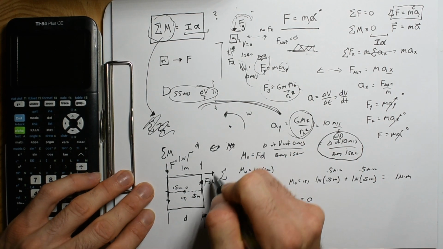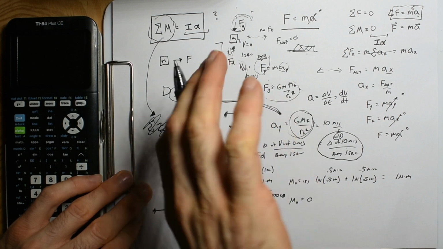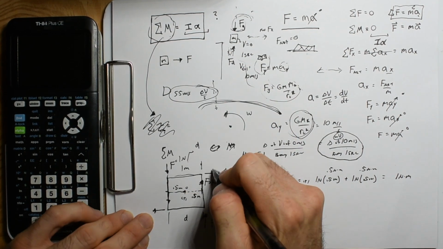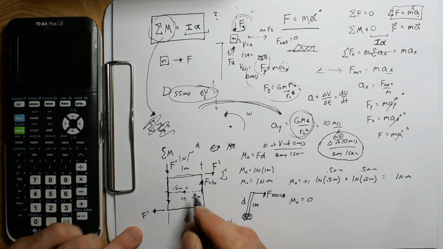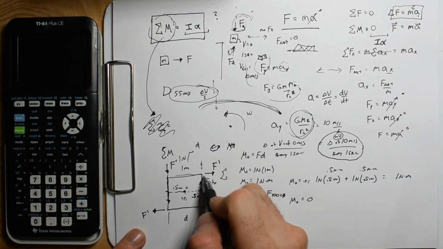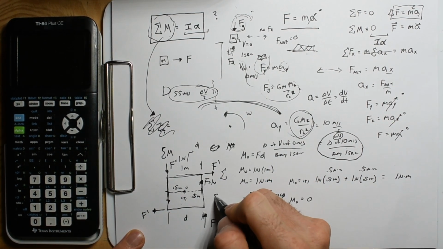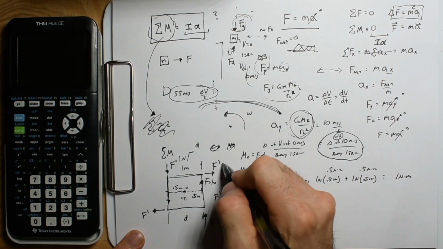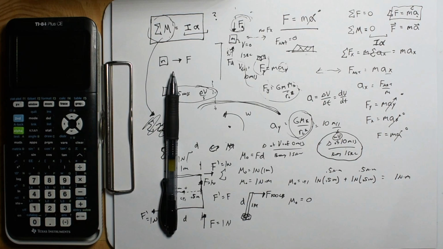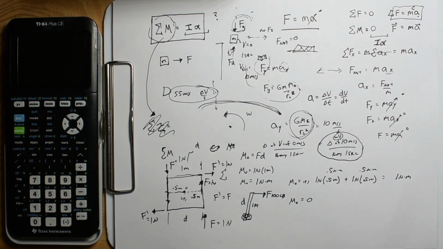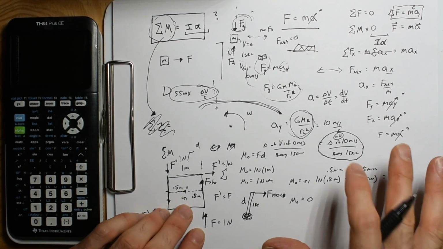We're going to put a force that way because this is downward, and then put a force F prime on this, and if they're operating the same distance, F prime has to equal F, you know what I mean? And these are both 1 Newton. And that's what we do for statics.